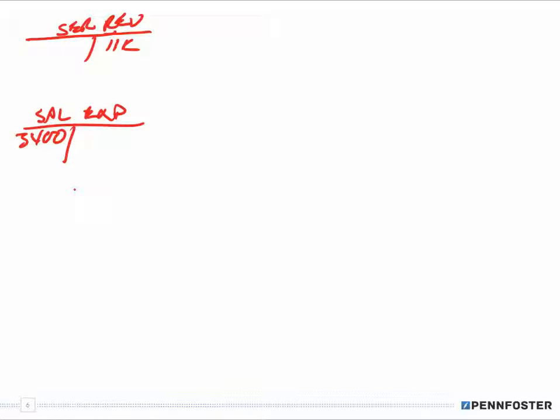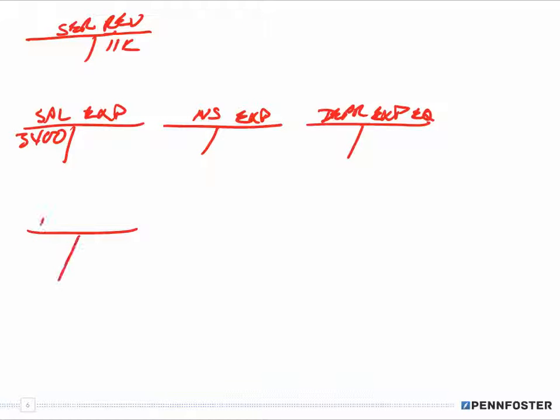We had insurance expense, which didn't have a balance in it. We have depreciation expense, equipment, which didn't have a balance. We had utilities expense, which didn't have a balance, and we had supplies expense, which did not have a balance.